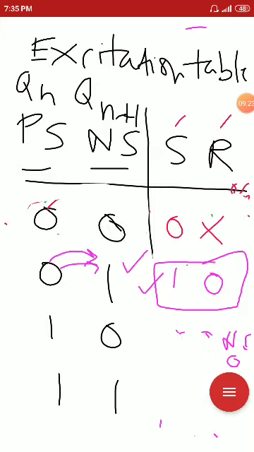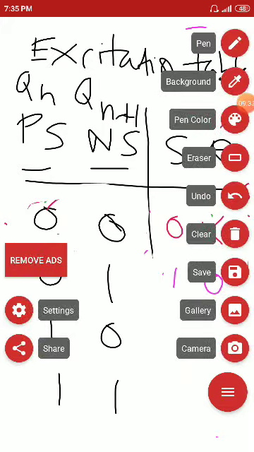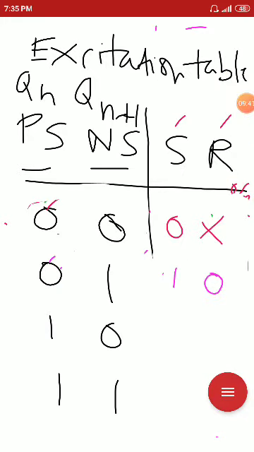Not the last case, the third case which you have to check for. So this will be the input for SR when the present state changes from 0 to 1.